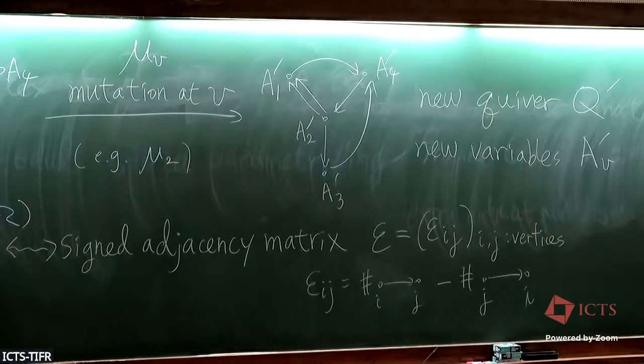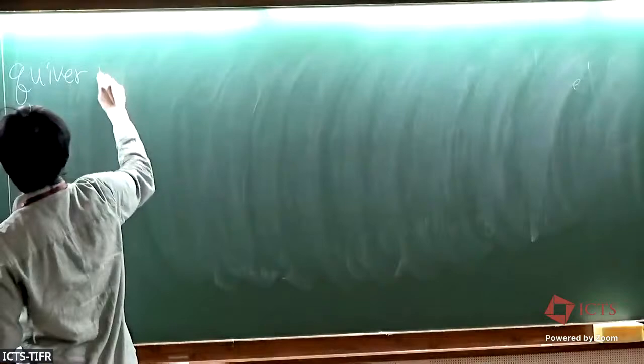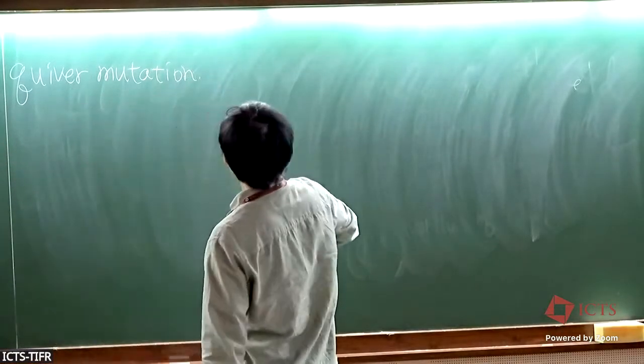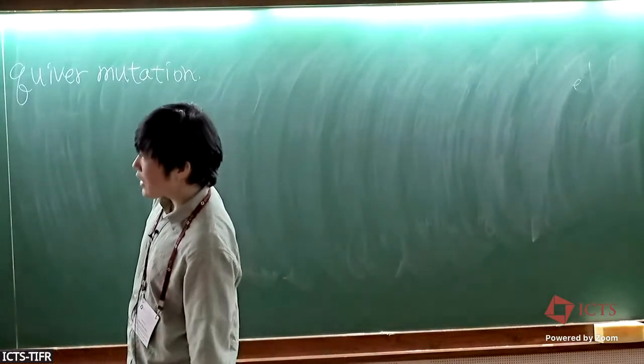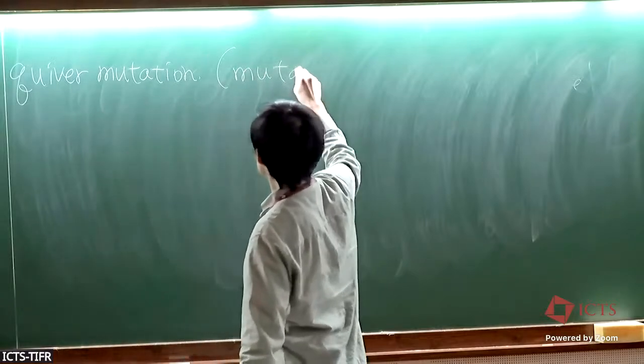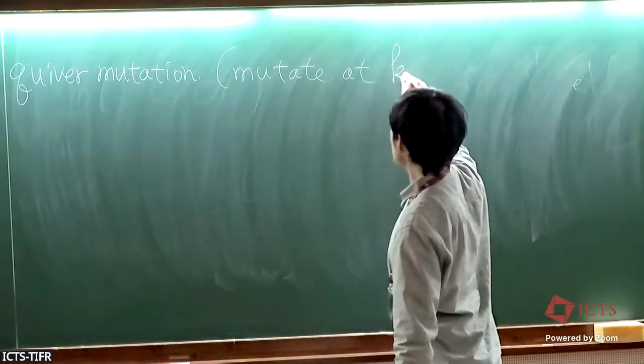And now I'm going to use those epsilon ij's in my coordinate change formulas. So first, let me tell you how the quiver changes, which I call quiver mutation. Let's say that we mutate at a vertex k.